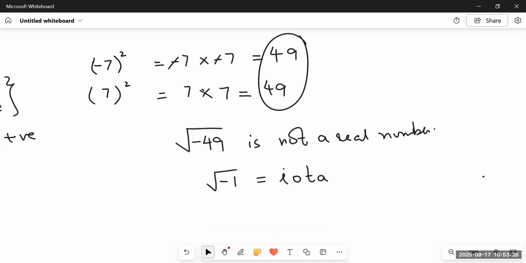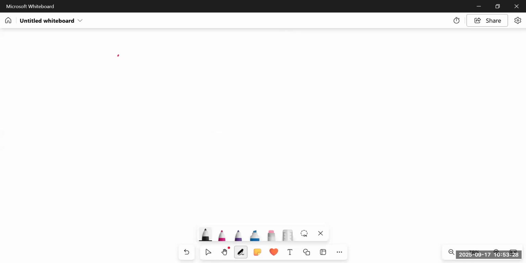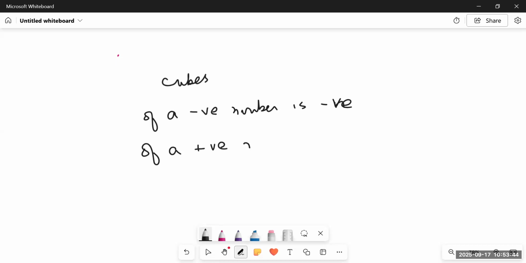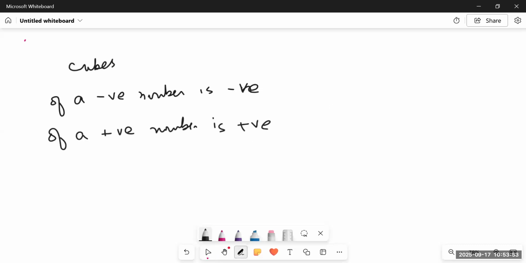But when we talk about the cubes, the cube of a negative number is negative. Of a positive number is positive. Why? Because while finding the cube, we have three same numbers. So for a positive number, it would be positive. Like if I'm finding the cube of 7, it would be 7 multiplied by 7 multiplied by 7.